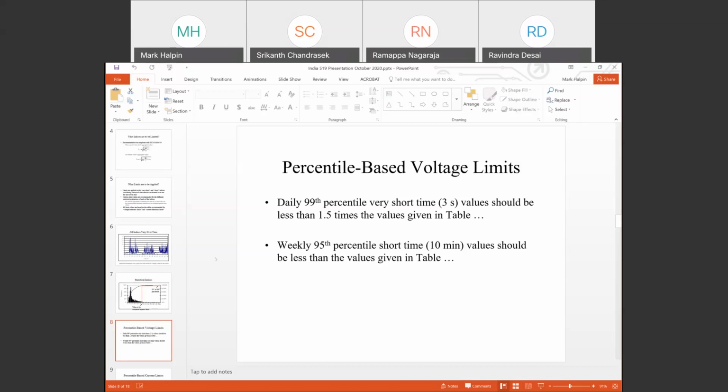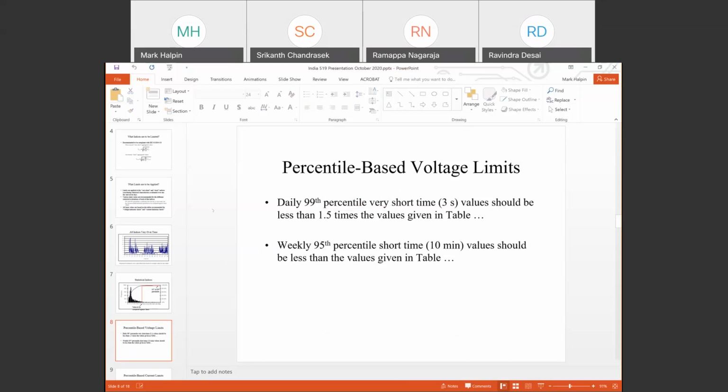Notice the difference here. For the very short harmonic indices for voltage, we focus on the 99th percentile every day, but we allow a slight increase above the values given in the table. Why? The values in the table historically are designed for steady state conditions.